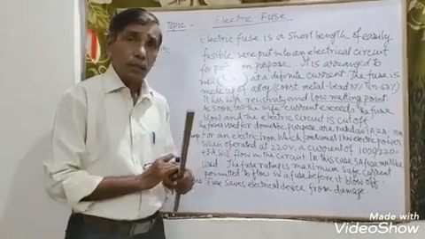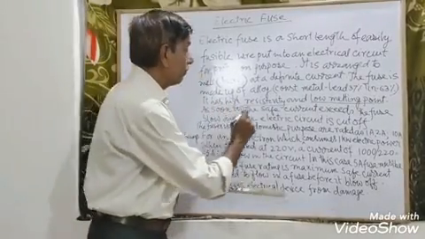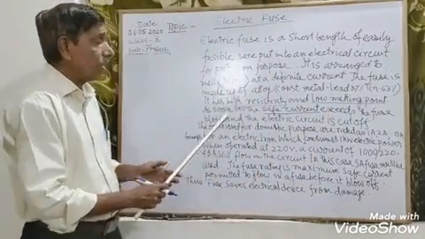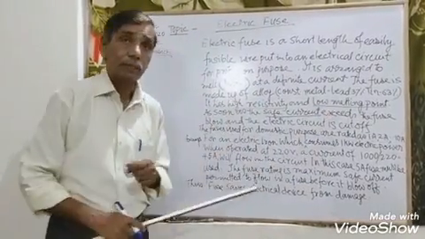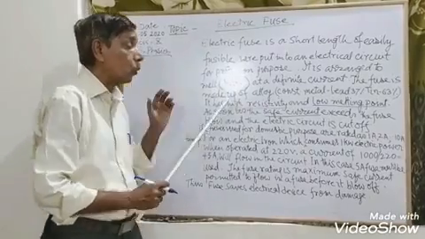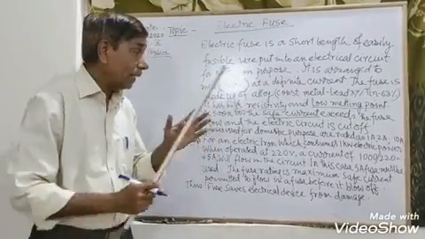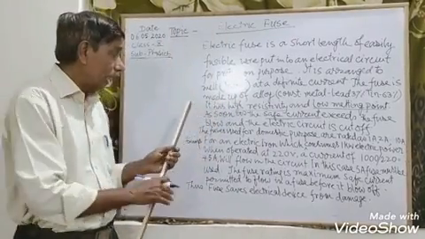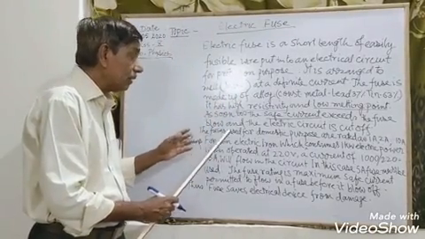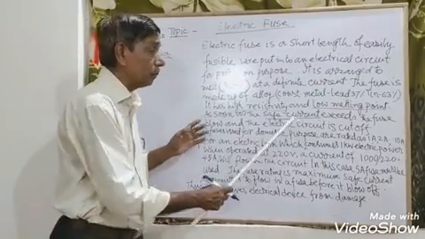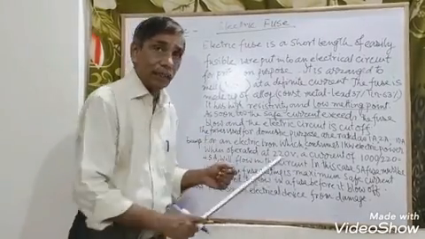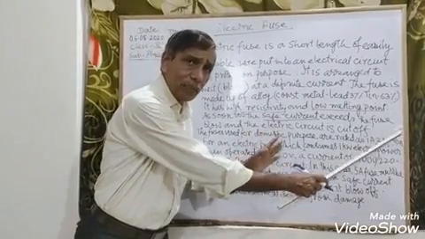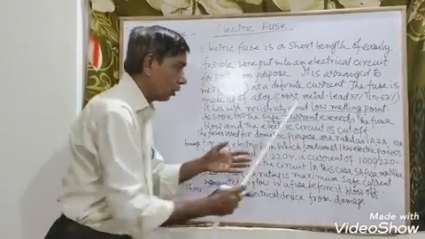As soon as the safe current, a very important term, is exceeded, the fuse blows and the electric circuit is cut off. The fuses used for domestic purposes are rated 1 ampere, 2 ampere, 3 ampere, 5 ampere, 10 ampere, and so on.